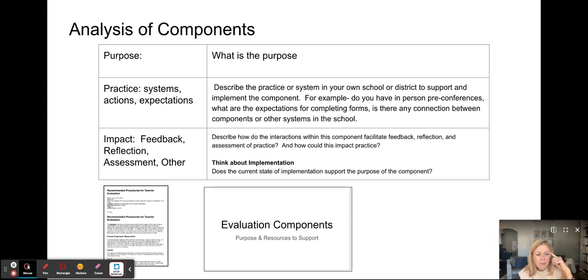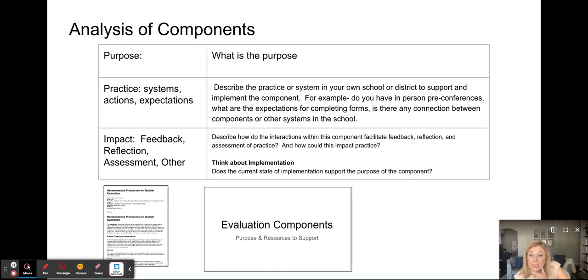And then just to think about in your head is for you to start thinking about, does this current state of implementation support the purpose of the component? I put 2 files in the module to support you and inform you on this.